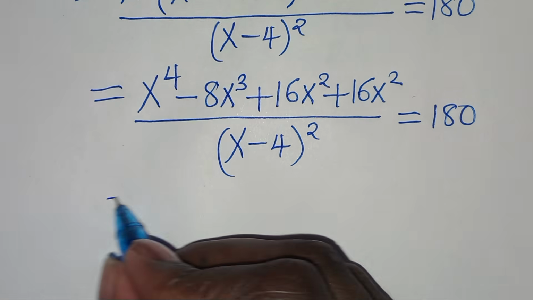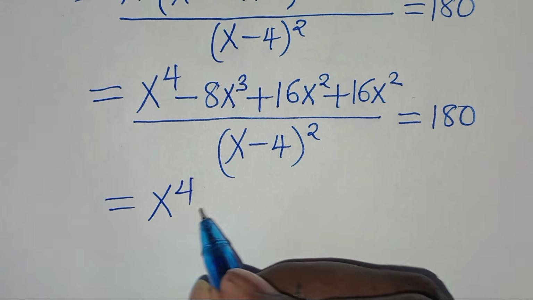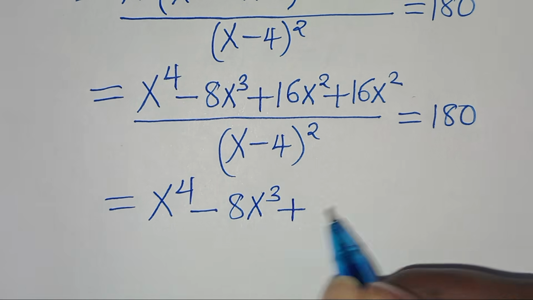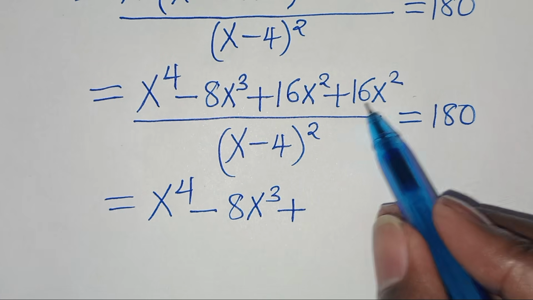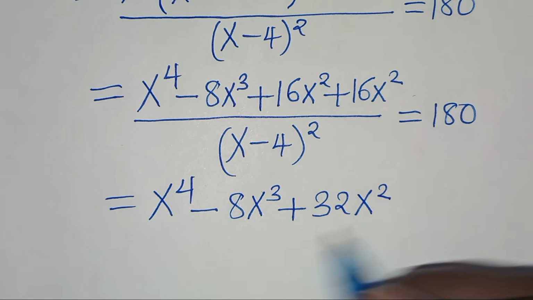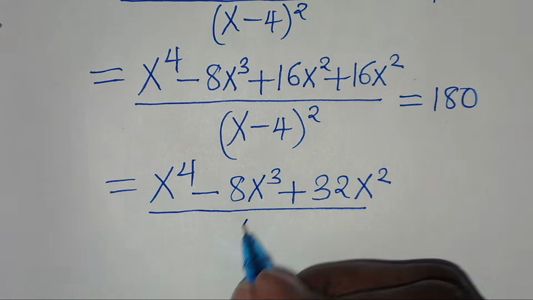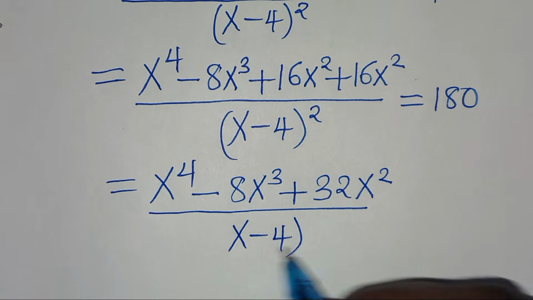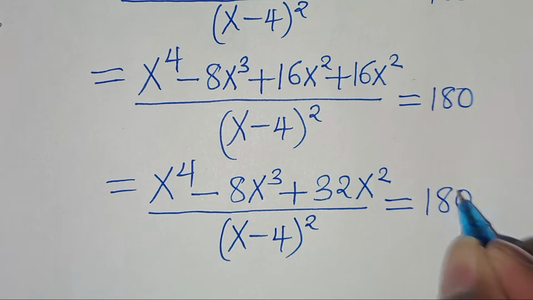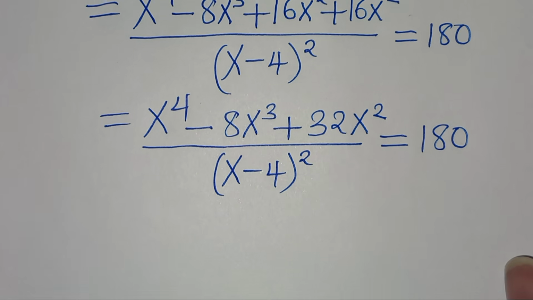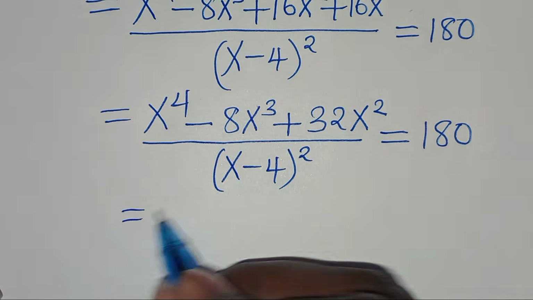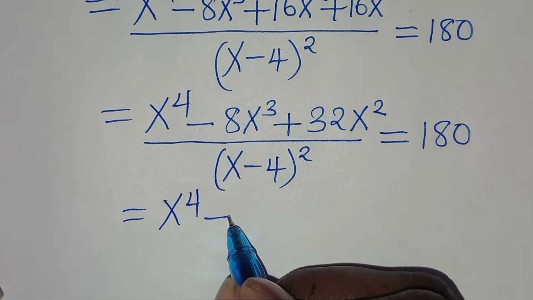The next step is that we have x to the power of 4 minus 8x to the power of 3, then plus 16x squared plus 16x squared. This is 32x to the power of 2, then everything here divided by (x minus 4) raised to the power of 2, equal to 180. Now, the next step from here, we have x to the power of 4, subtract.